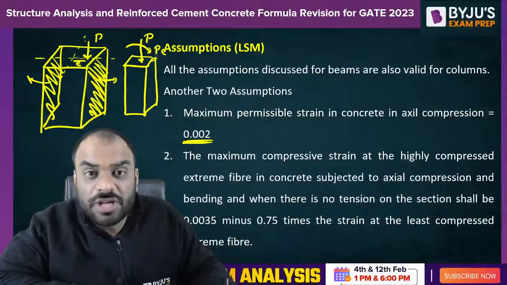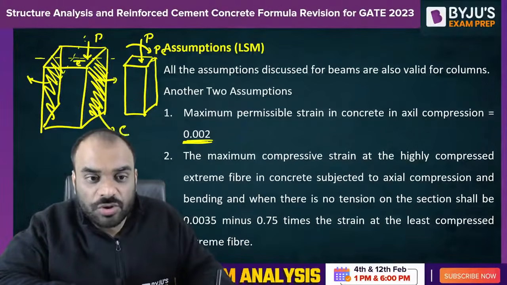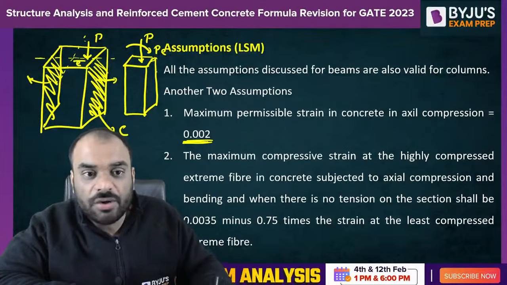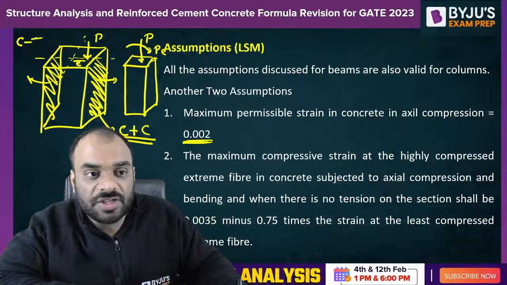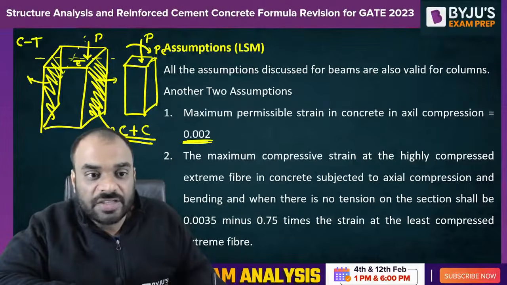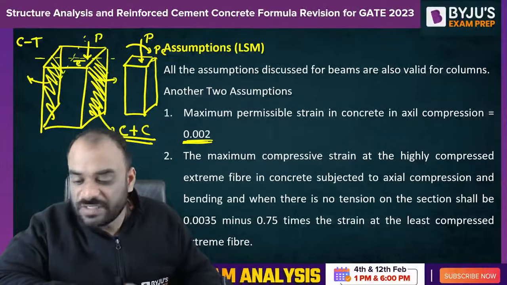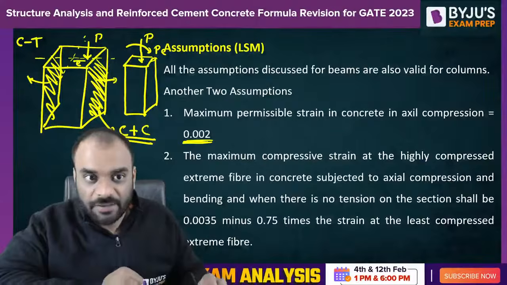Now tell me guys, this particular fiber will be the most highly compressed fiber and this one is the least compressed fiber, yes or no? Because due to direct compression we will have compression on this side, and due to bending also this fiber will get compressed. But on the other fiber, we will have compression, then tension due to bending. That's why it is the highly compressed fiber and this one is the least compressed fiber. Getting the point?